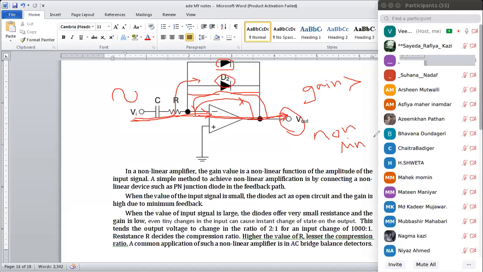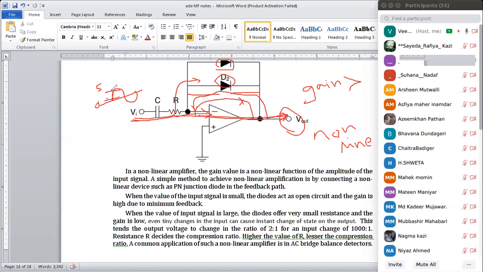How is it non-linear? For a very small change in the input, say this is a peak of 5 volts, now I start from 0 volts. Now I am changing from 0 to 0.1 volt. Then the output suddenly goes double of that.